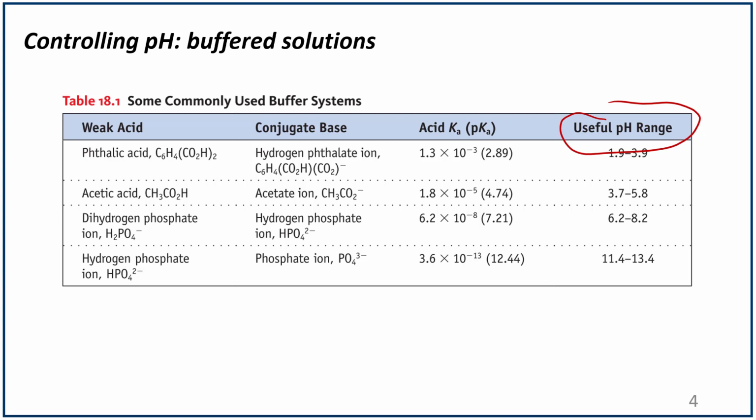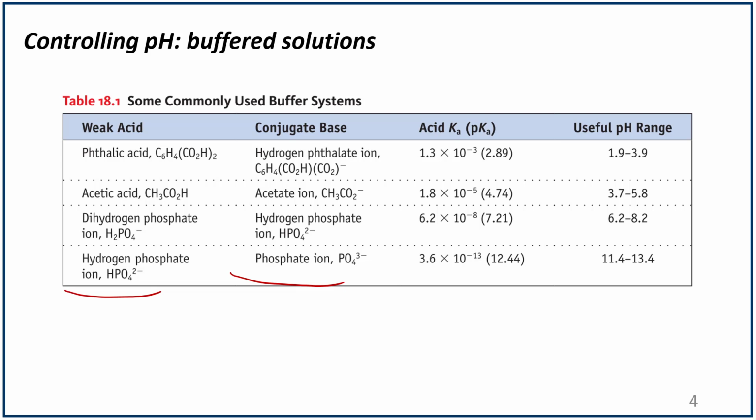Okay, and in some buffers too, like hydrogen phosphate ion and phosphate ion, you have to prepare this buffer from salts of these two ions. Let's say, for example, sodium hydrogen phosphate for the weak acid and sodium phosphate for the conjugate base.